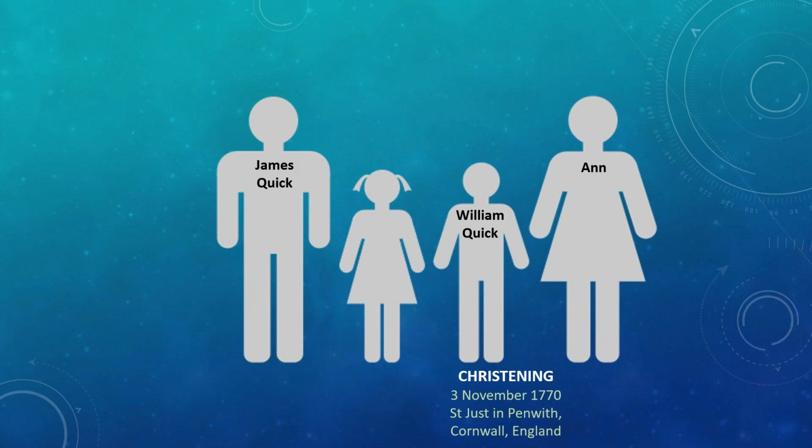And there's no dates of anybody else. I don't know how old James is. I don't know how old Anne is, but I've got William here. And what I can do is I can infer how old he is. I can infer that he was probably born before his christening date. I can infer that his father was probably at least 20 years older than him.